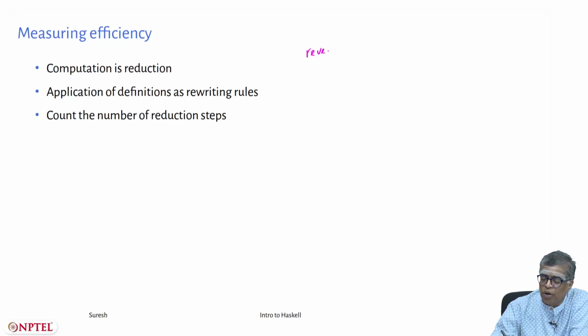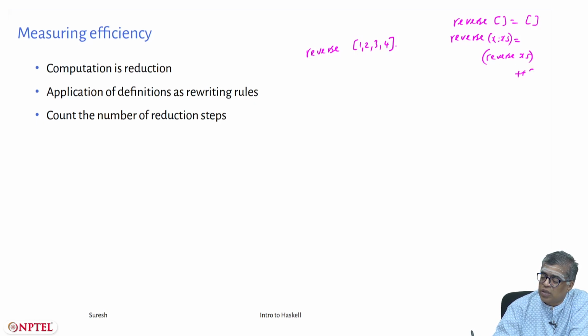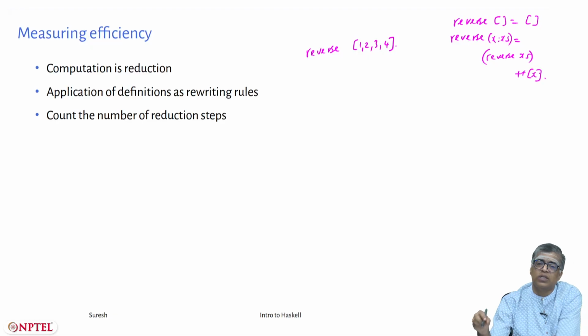So if you have to do reverse of 1, 2, 3, 4, you can see the program itself is given by this. Reverse of empty list is empty list, reverse of x followed by xs is reverse xs plus plus singleton x, right.